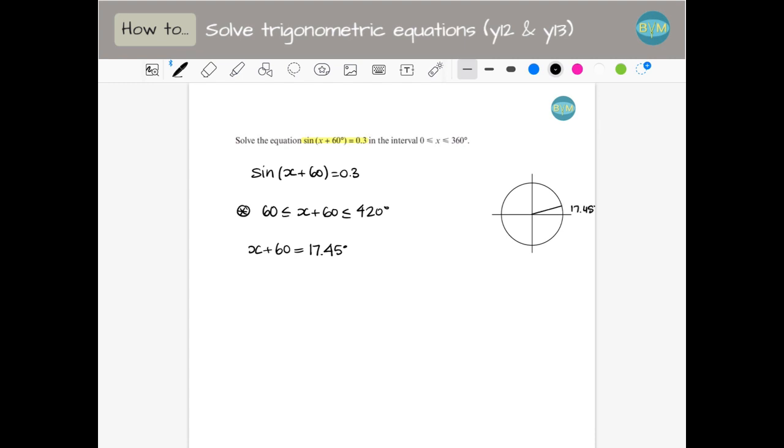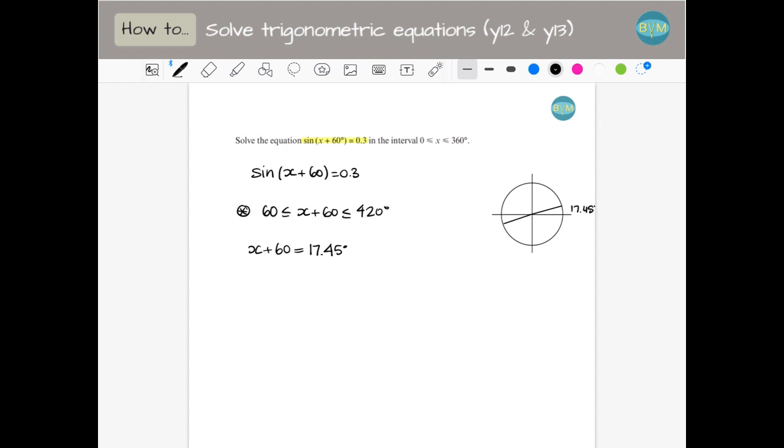Always check that the answer in the calculator is in your interval. In this case, it's not in my interval, it's smaller than 60, so I'm not going to mention it at the end. So I'm going to find the equivalent here.